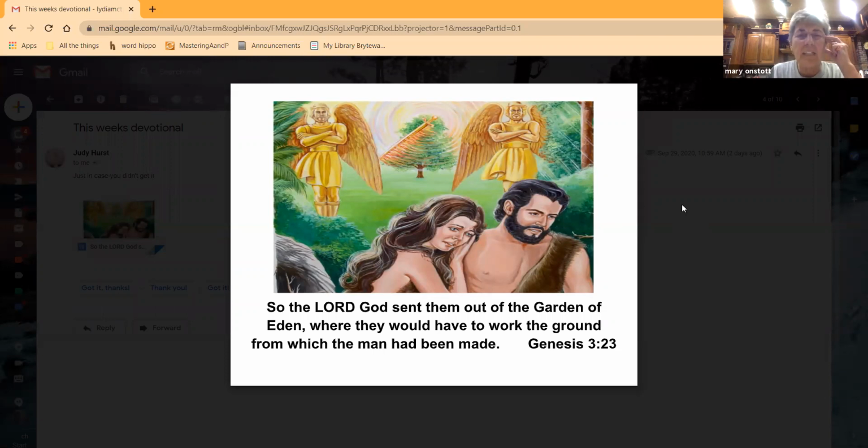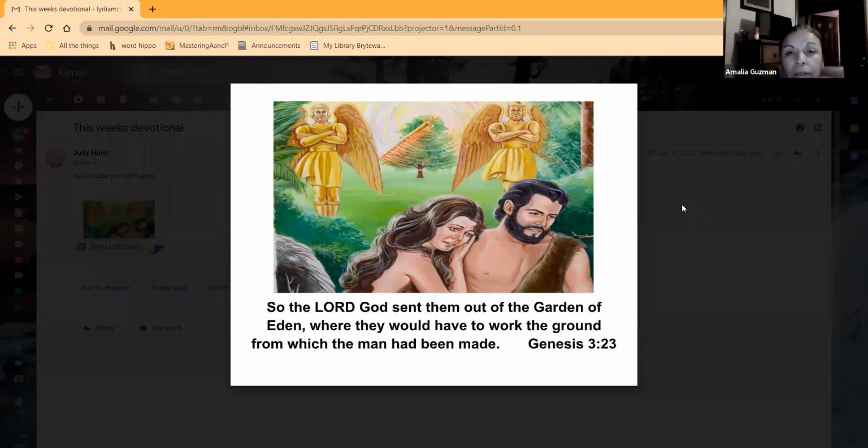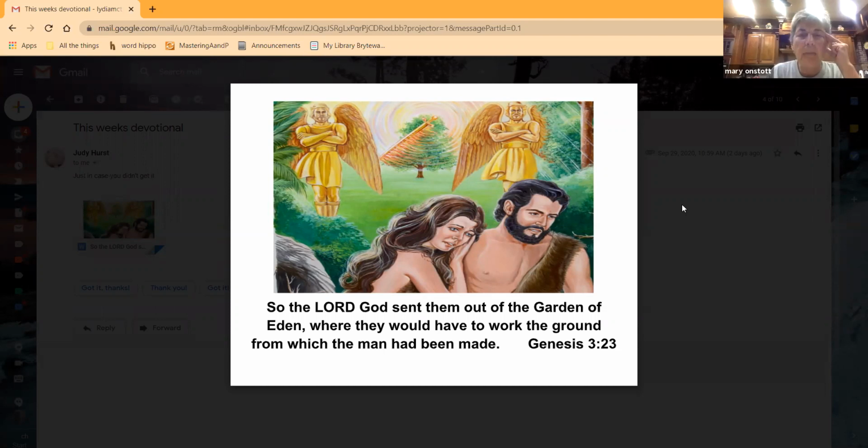Does anybody have any questions? Those golden looking things in the background, where they have their arms crossed like this, what do you think those are? Angels. What do you think they're doing? Do Adam and Eve look happy or sad?